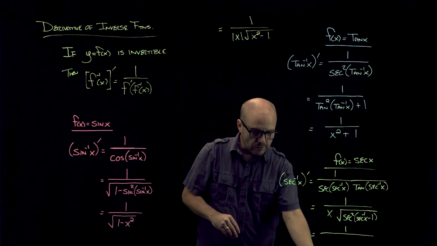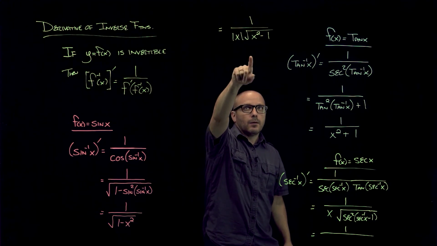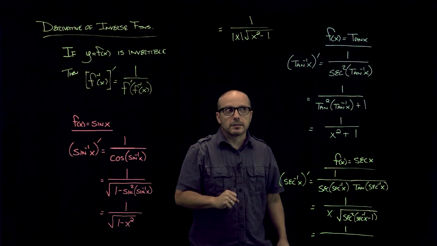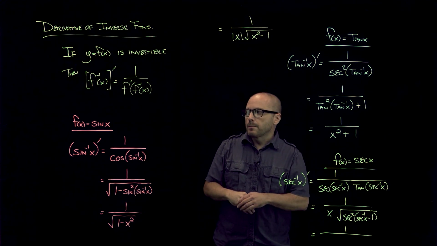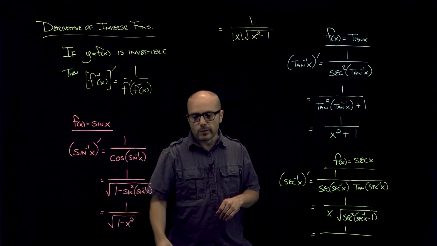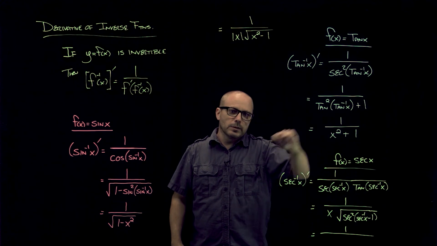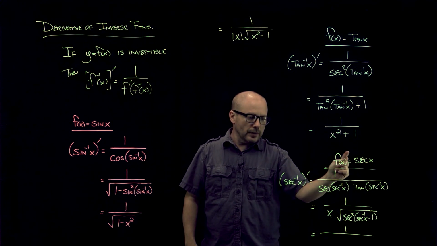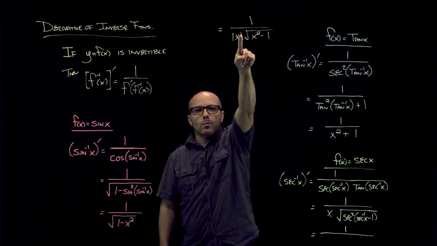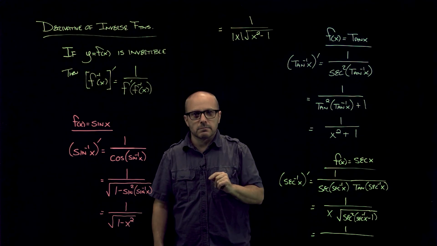And so because of our domain restrictions, we know only certain things can happen with the slope, thankfully. So derivative of sine inverse, 1 over square root of 1 minus x squared. Derivative of tan inverse, 1 over x squared plus 1. And derivative of secant inverse, 1 over absolute value of x, square root of x squared minus 1.